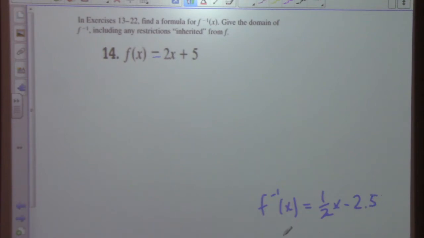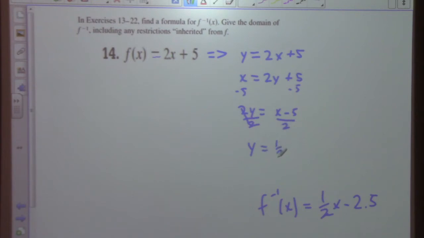It came down to 5/2, and it's just the steps. y equals 2x plus 5, x equals 2y plus 5, subtract 5, so you get 2y equals x minus 5, divide by 2, so you get y equals 1/2 x minus 5/2, which is the same as 2.5, right?